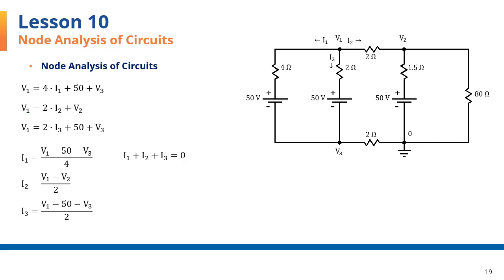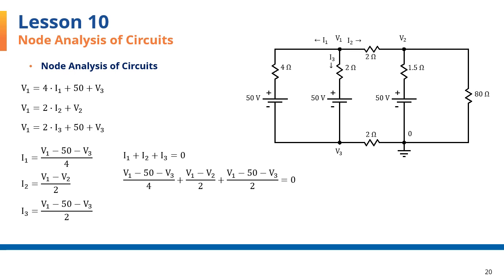Now I will write the KCL at this node, which is I1 plus I2 plus I3 equals 0. The last step is to substitute from these equations: I1 from here, I2 from here, and I3 from here, and you see that done on this page.